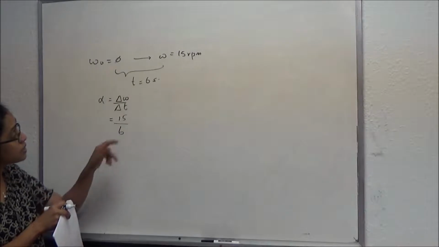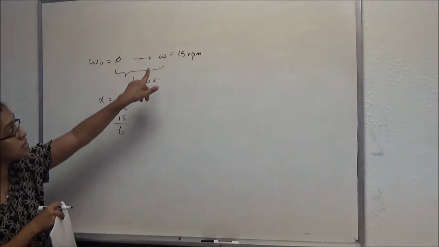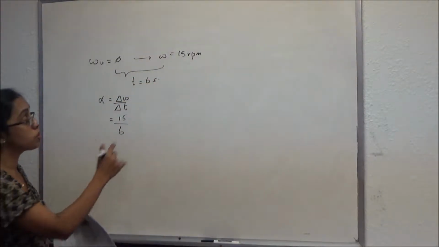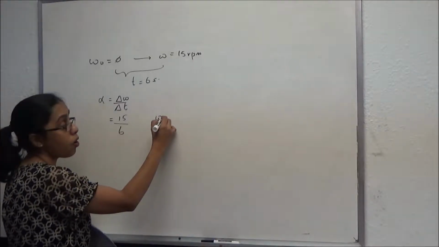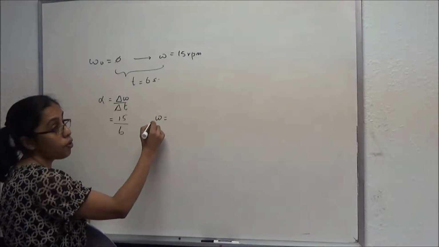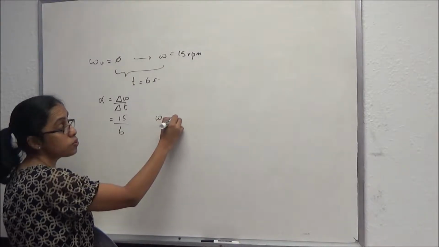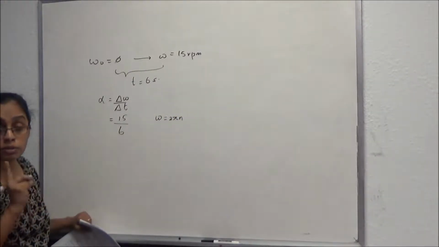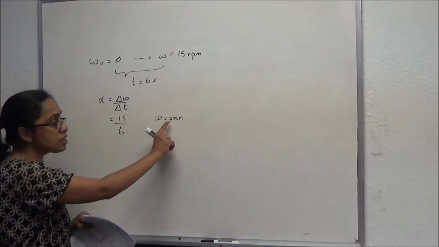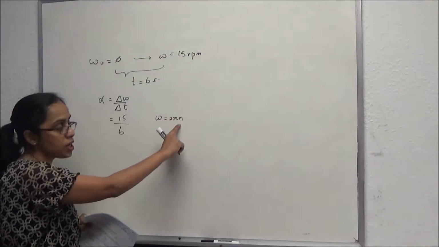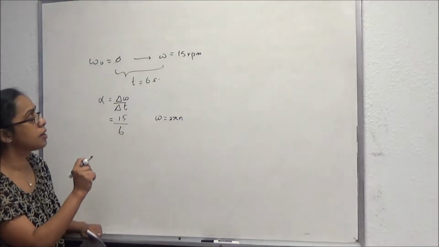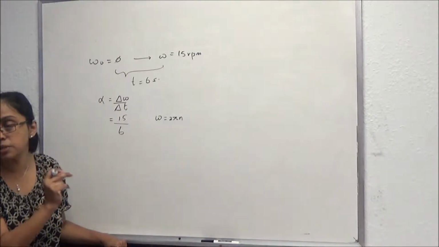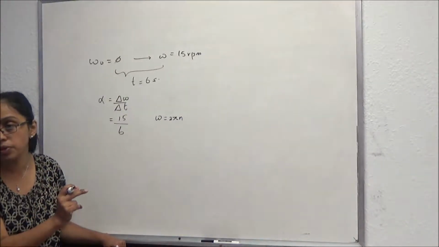But it's not 15 straight away because it's given in RPM. So you should convert it using omega equals 2 pi n. Please make it a point to multiply by 2 pi when an angular velocity is expressed in terms of RPM.